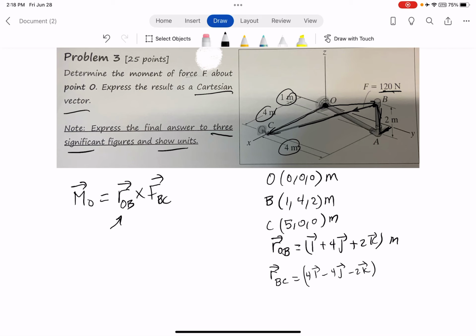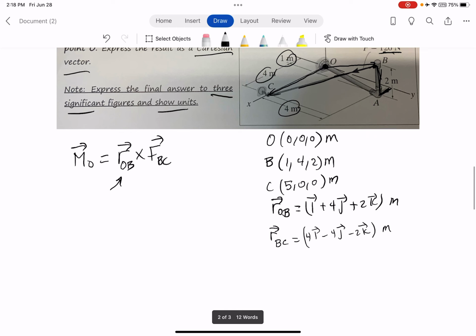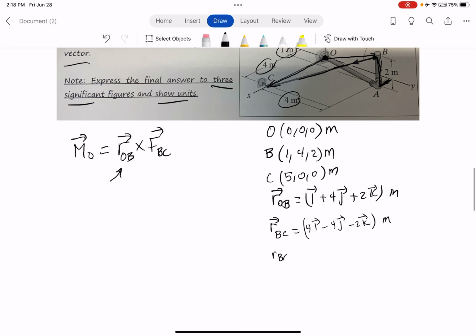So this is the position vector BC, and now you need to find the magnitude. 4 squared plus 4 squared plus 2 squared: 16 and 16 is 32, 32 and 4 is 36, so 6 meters.